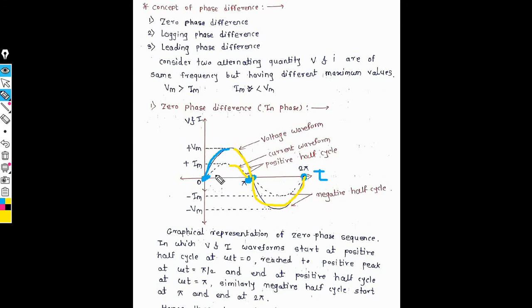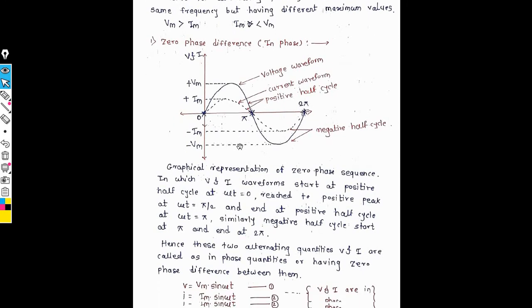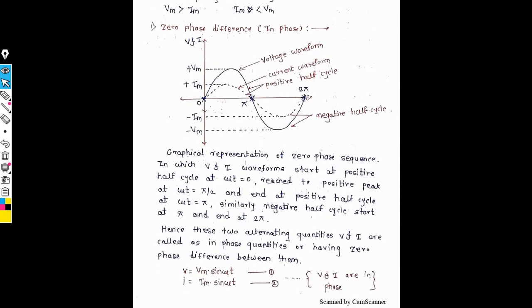Now we need the mathematical representation. That is V is equal to Vm sin omega t and I is equal to Im sin omega t.